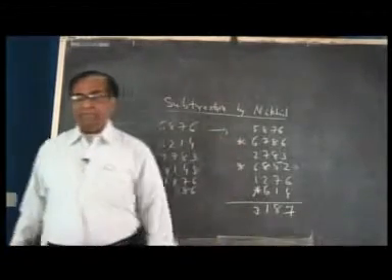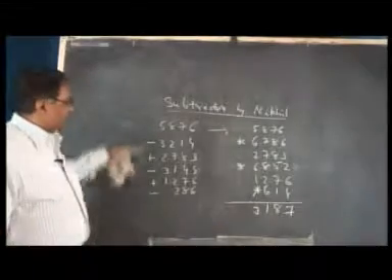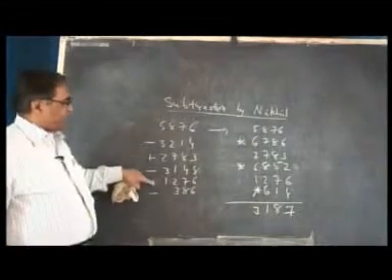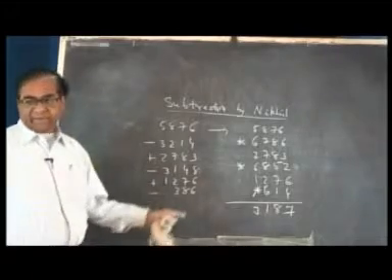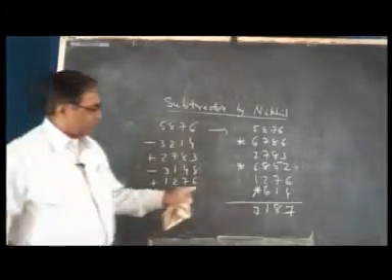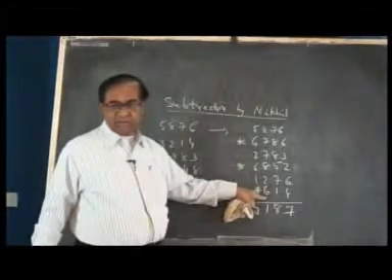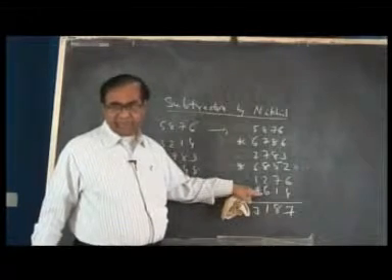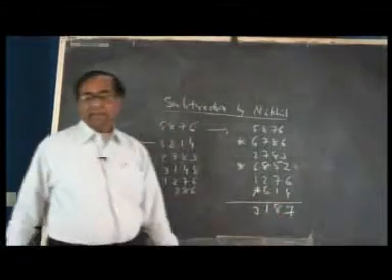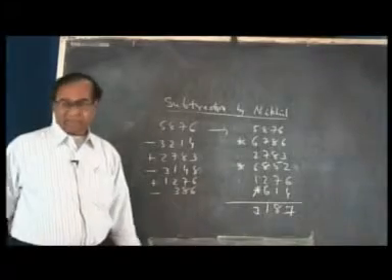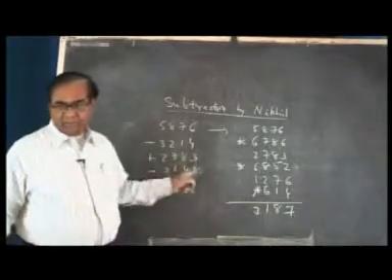This is the answer. So you can see you don't need to add these 3 and add these 3 and then subtract. Only you should put Nikhilesh to be subtraction and remaining is Nikhil. Nikhil to be added, Nikhilesh to be subtracted. So it becomes very simple.